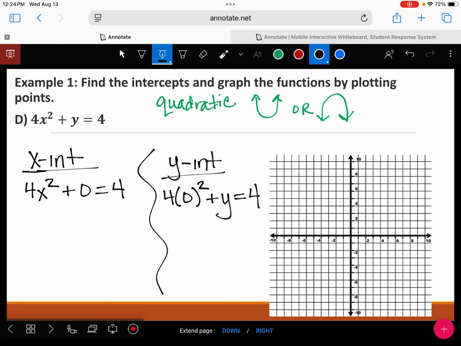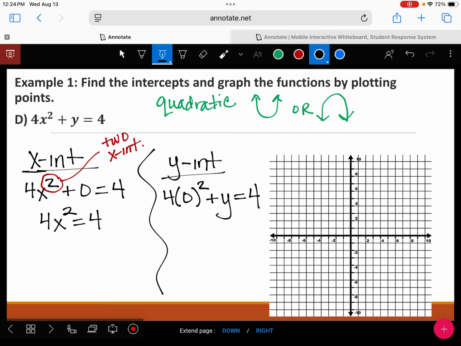So for my first one, does everyone notice how the x is squared? So what this tells me is that I'm looking for 2 x-intercepts. So I won't just have 1, I'm going to have 2 because the x is squared. So I have 4x squared equals 4.